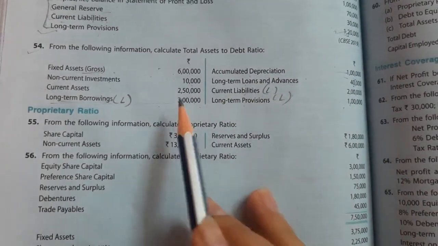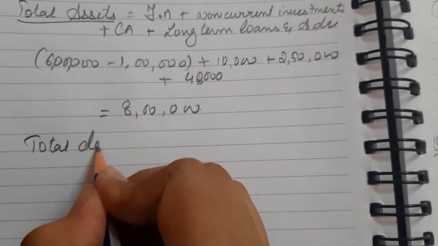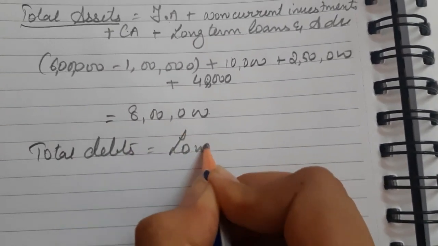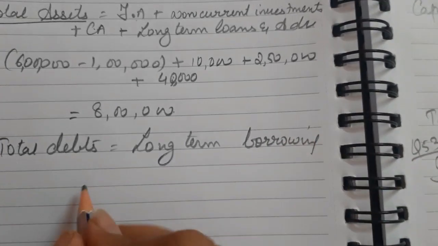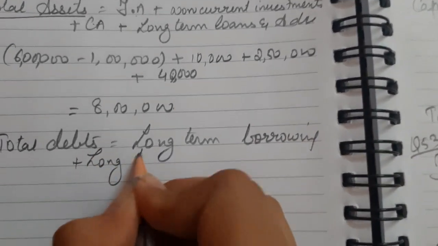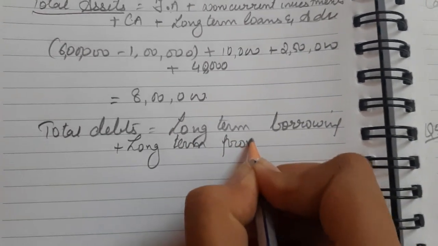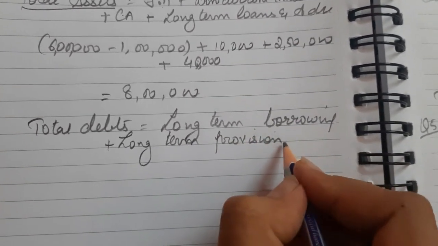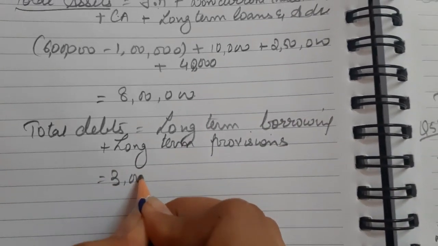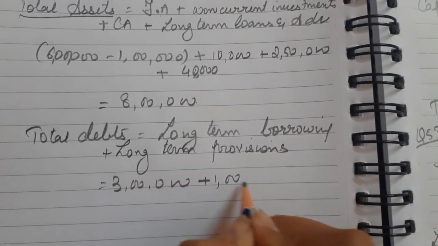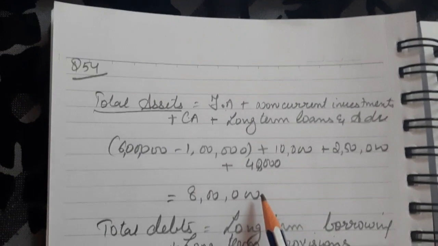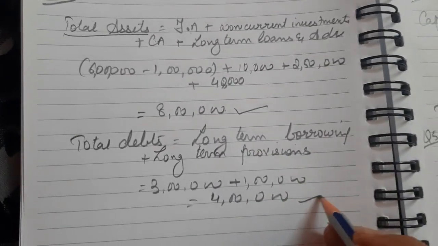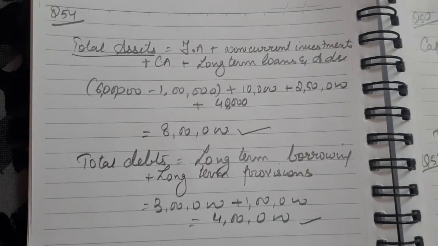So total debts will be long-term borrowing plus long-term provisions, that will be 3 lakh plus 1 lakh, which equals 4 lakh. You have your total assets as 8 lakh and total debts as 4 lakh. You can divide and find out the answer.